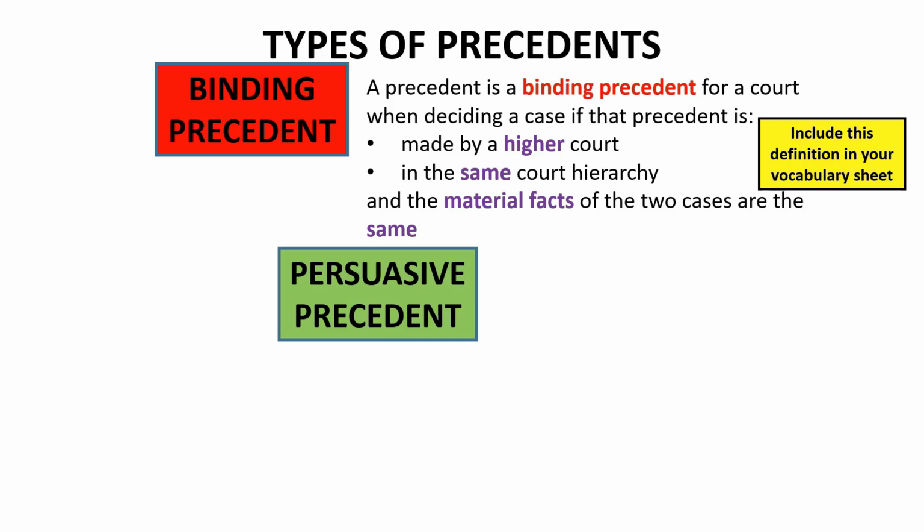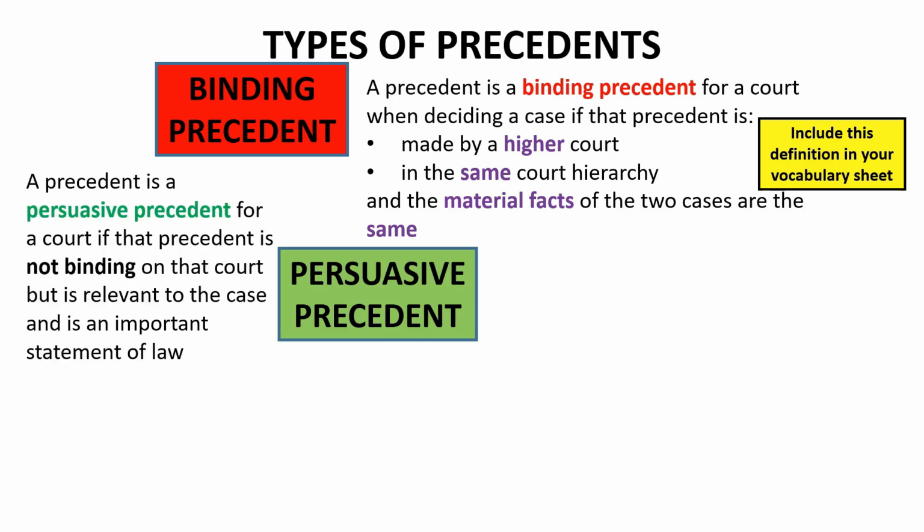On the other hand, a precedent is a persuasive precedent for a court if that precedent is not binding on that court, but is nevertheless relevant to the case and is an important statement of law. Look down the left-hand side of your vocabulary sheets, find the term persuasive precedent and write this definition in there.